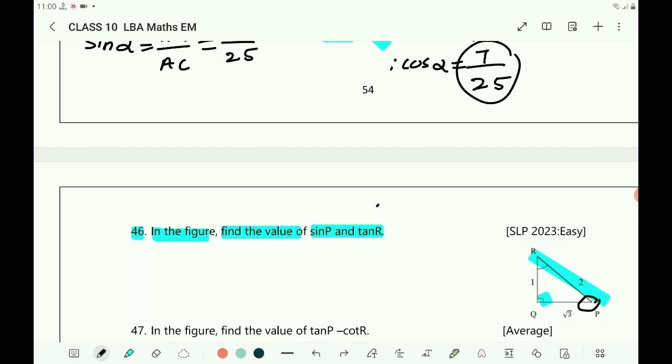Then you write, in right angle triangle RQP, first, what you have to find out? Sin P. Sin P is equal to opposite side by hypotenuse.